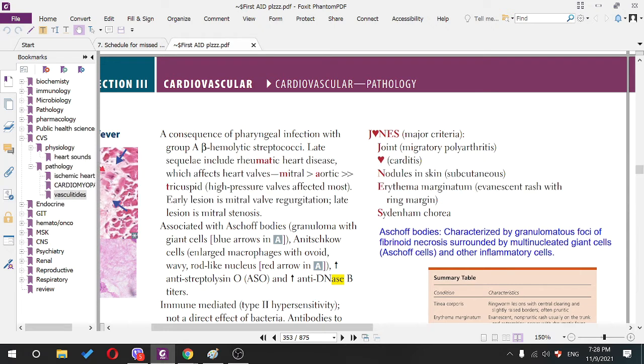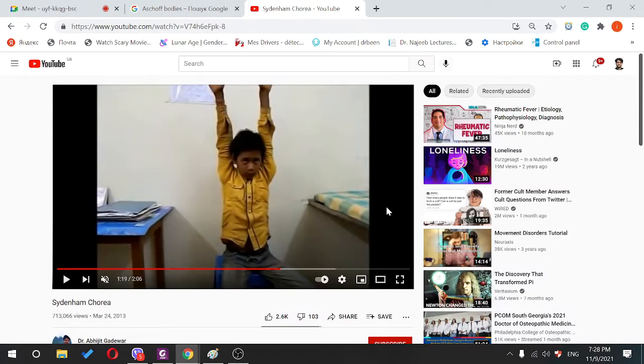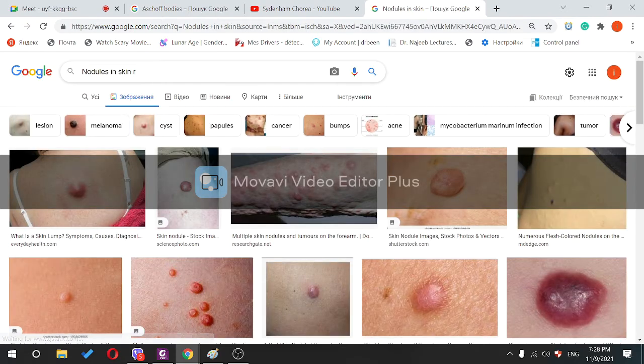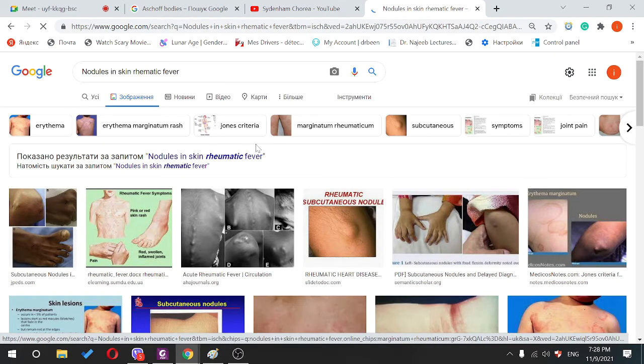Nodules in the skin, nodules. Let's take a look at the nodules. They are subcutaneous. They are not that deep. They look like little balls. They are not these at all. Yep, here they are.